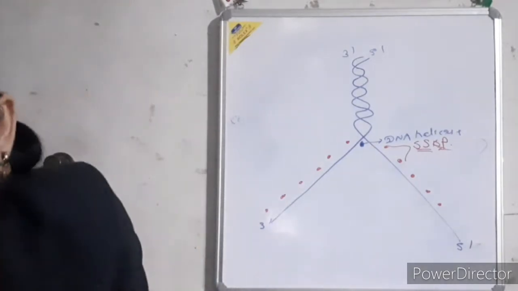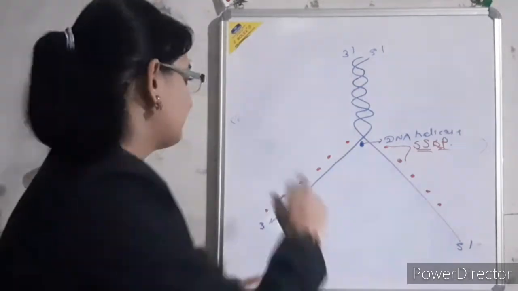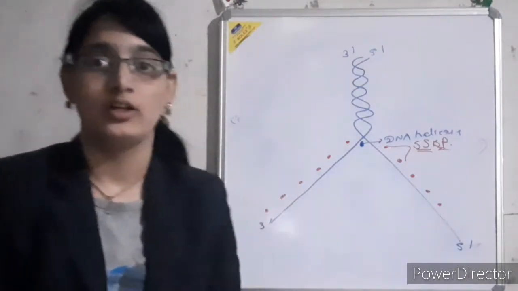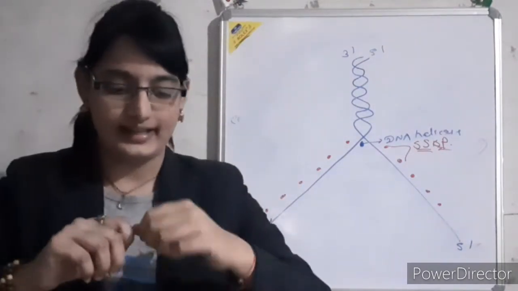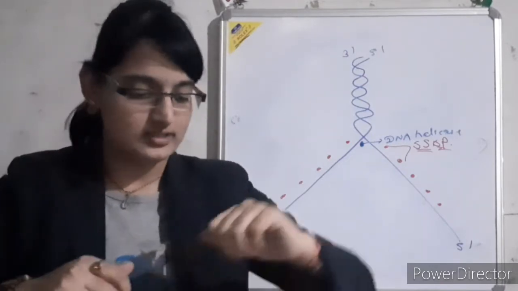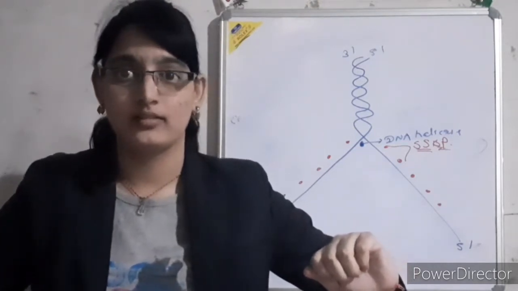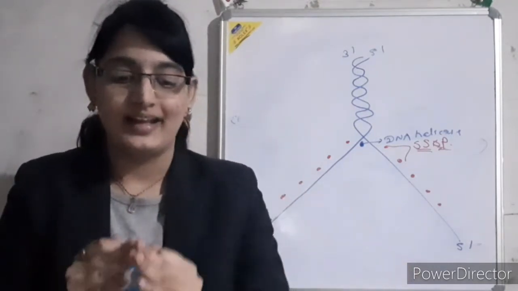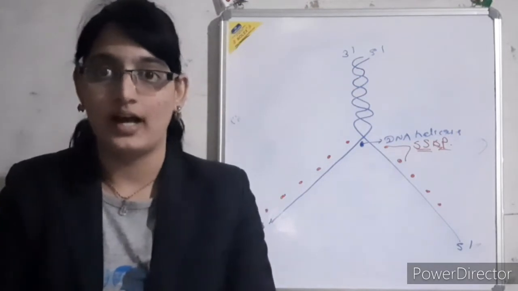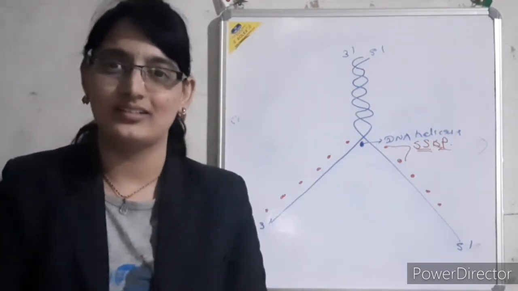So suppose here there is SSBP protein from the left side and here SSBP protein from the right side. When you take a stretchable rubber in your hand, and you are stretching it from the left side and from the right side, what will happen? It will break at a certain point, and it will cause damage.